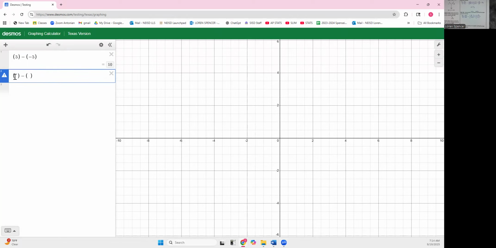And for the denominator, we have -2, and we have 3. This is for our x's. And remember, it's y's over the x's. So we have 10 over -5. So 10 divided by -5. And we end up getting -2.